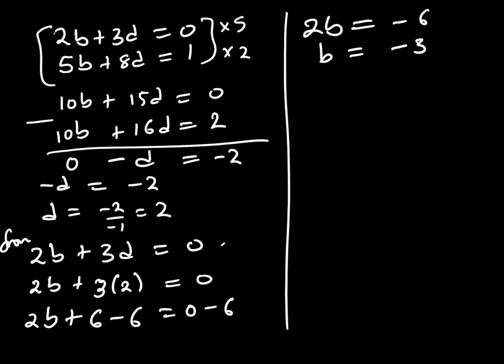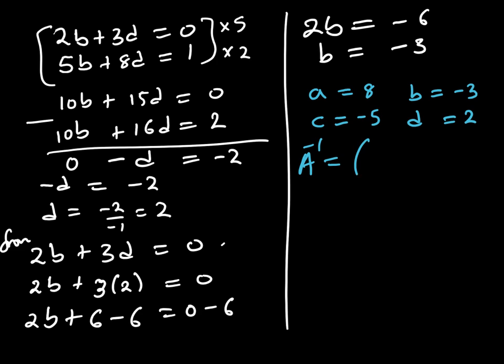Okay, so let me now sum up everything here. We have a is equal to 8, b is equal to -3, c is equal to -5, and d is equal to 2. So let's look at our A inverse. We called it a, b, c, d.